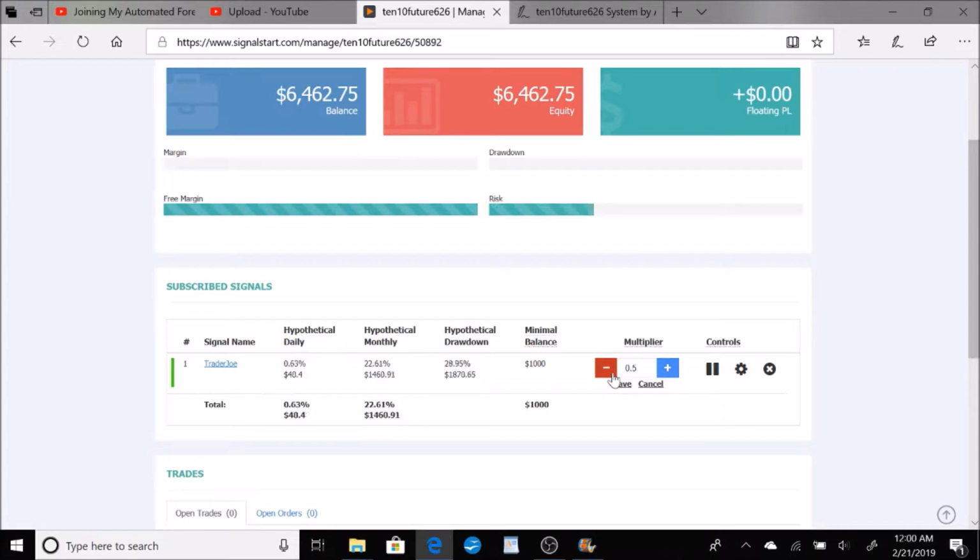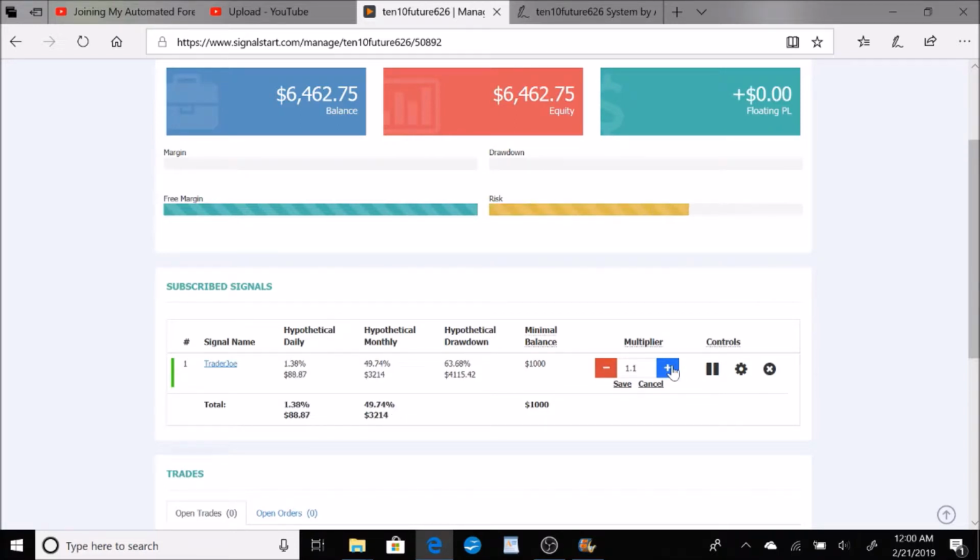Let's say you had it at 0.5, so it's basically half of my risk. If I traded half of my account, you're trading with about a quarter of your account. Very simple. Just like I said, start at 0.5. Don't go above 1.0, and that's really it. Just be aware: the higher the multiplier, the higher the risk.